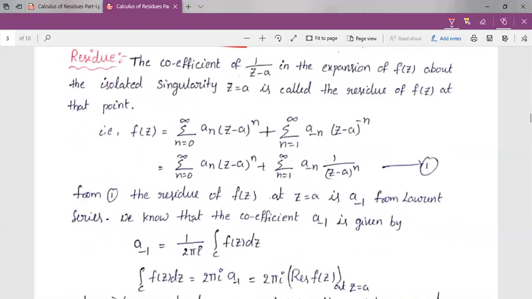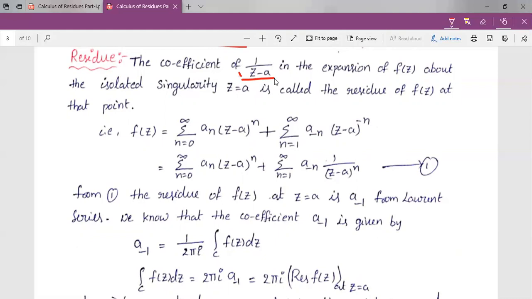So here the most important definition is the residue of a function. The coefficient of 1/(z − a) in the expansion of f(z) about the isolated singularity z = a is called the residue of f(z) at that point.